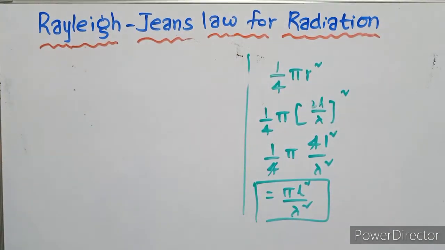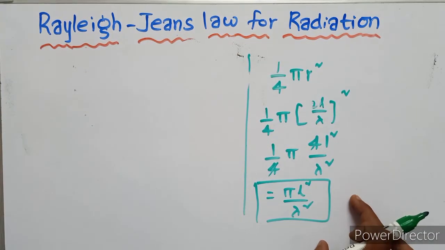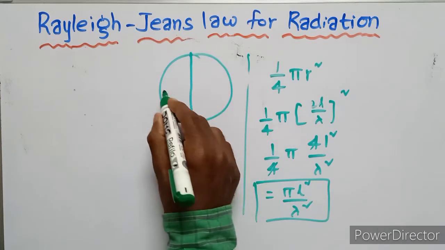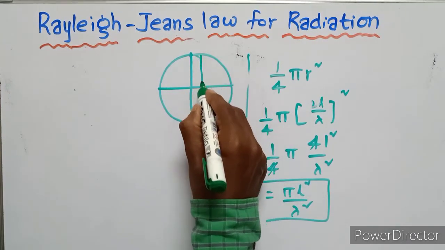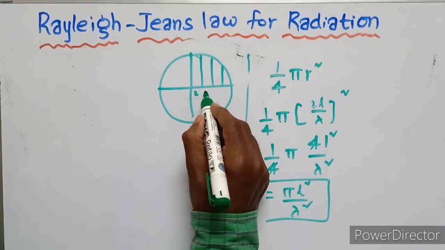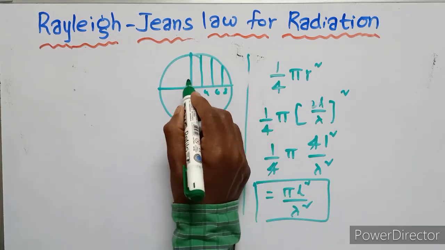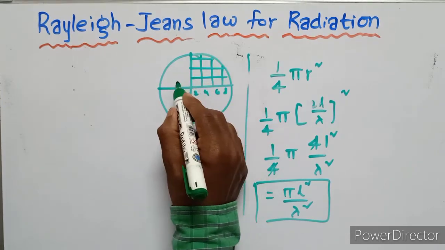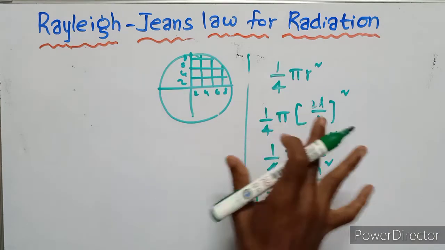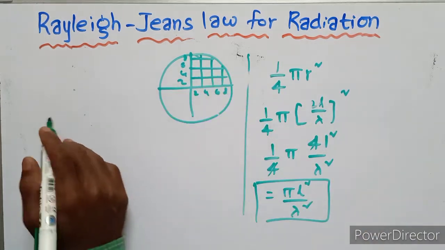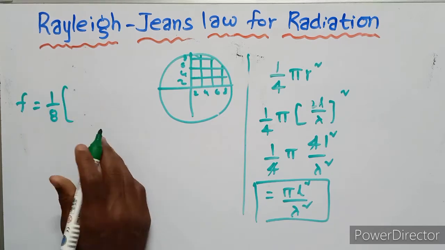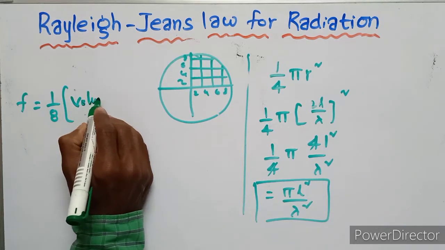Let us consider it divided into 8 parts. So the number of vibrations, the volume, is given by the frequency equals 1/8 times the volume of the sphere.